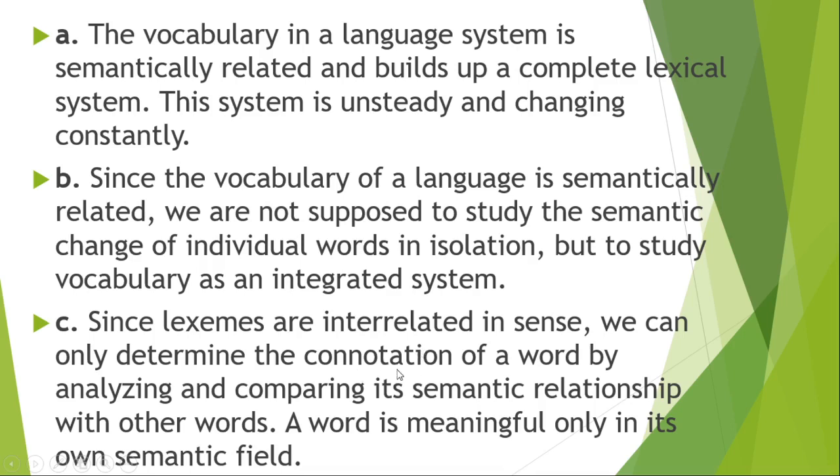That's why the connotation of a word can be understood by comparing it with other words. Now, this is very important. A word is meaningful only in its own semantic field, because it fully expresses its meaning in its semantic field.